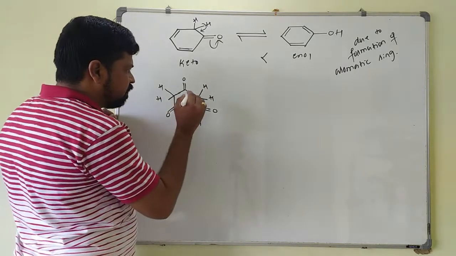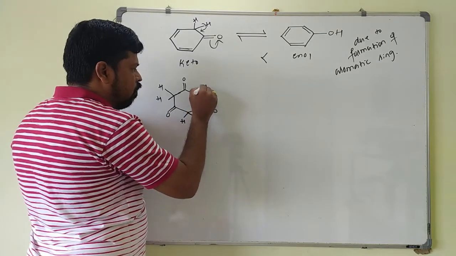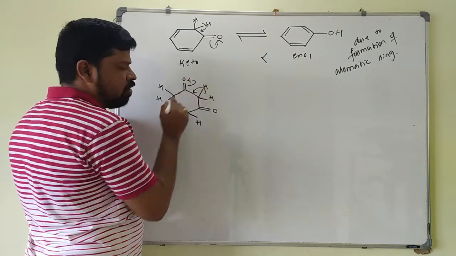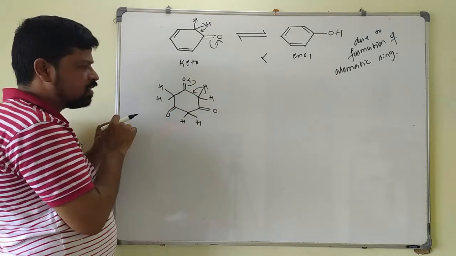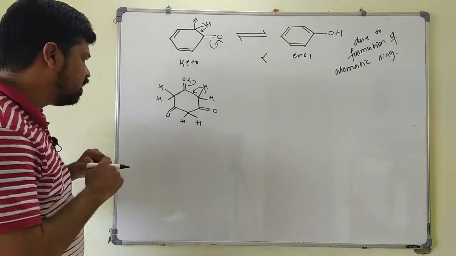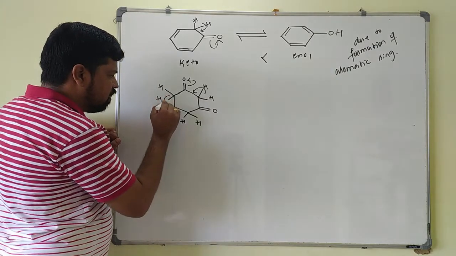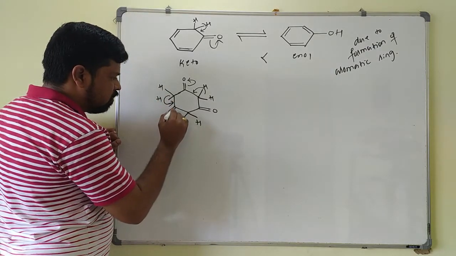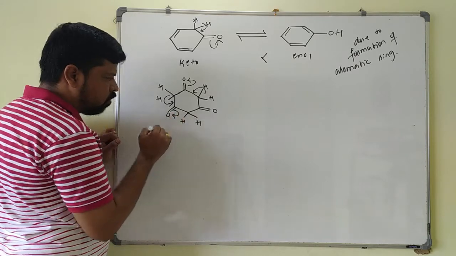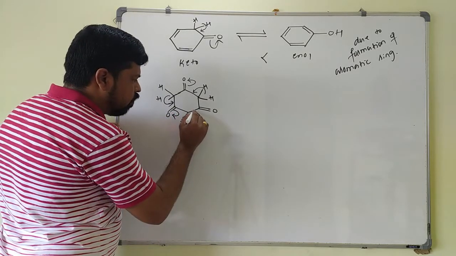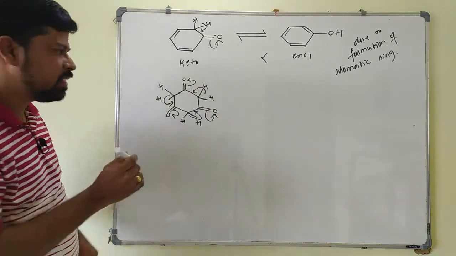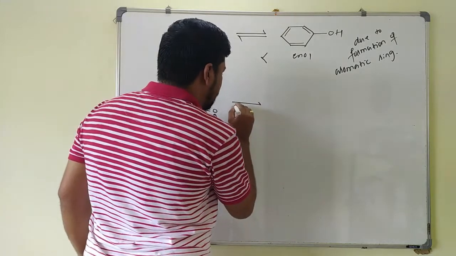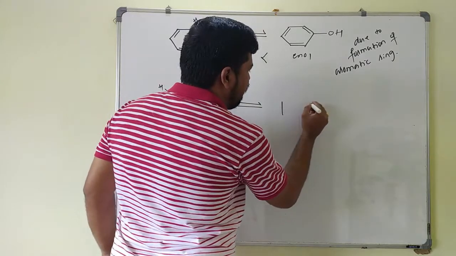You can shift this bond here so that these electrons are going back. You will get a double bond here, a single bond, oxygen minus, H plus, and again you will get OH here. Now you can shift this bond here so that these electrons are going back to the oxygen. You can shift this bond to this one so that these electrons are going back like this. So ultimately you will get an aromatic ring here with alternate double bonds like this.